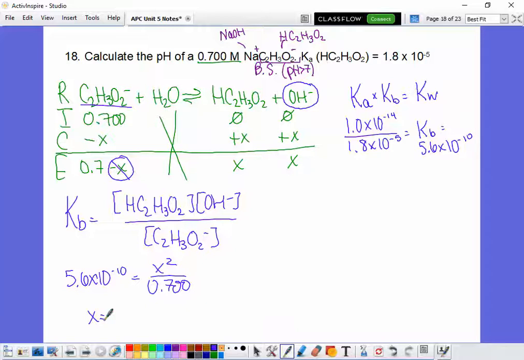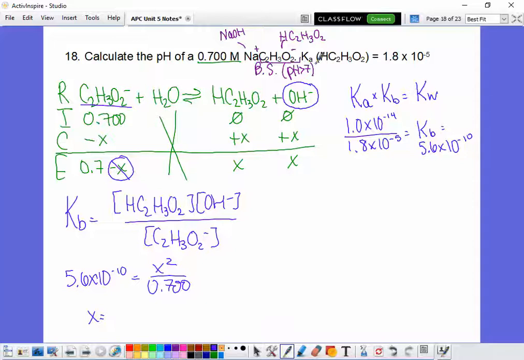So you'll always be given the K value for the opposite thing. So that's another indication when you're looking at this. Notice I didn't give you a K value for NaC2H3O2. I gave it for something that was just a conjugate of one of the ions. So that should be a hint right there that, ooh, this is a salt. I'm going to kind of do things backwards.